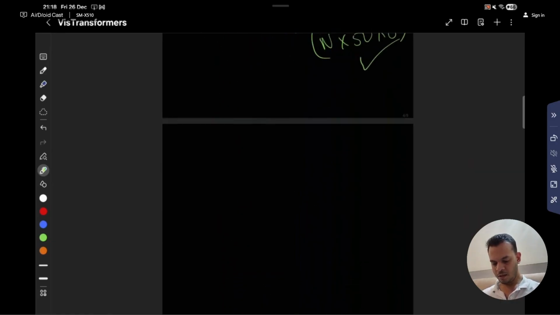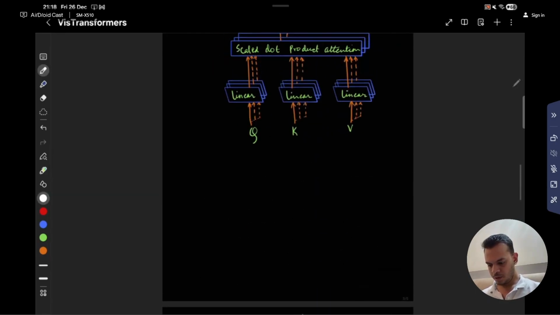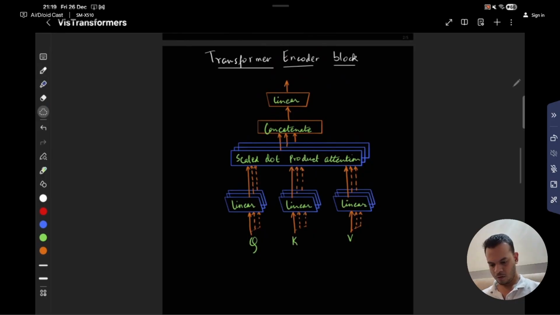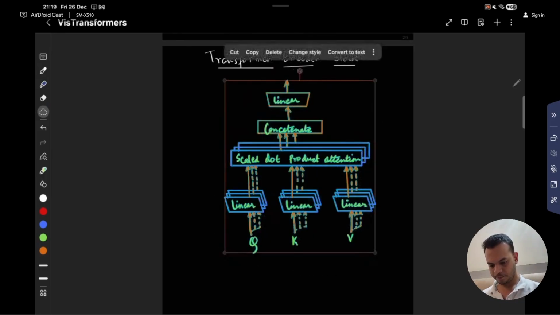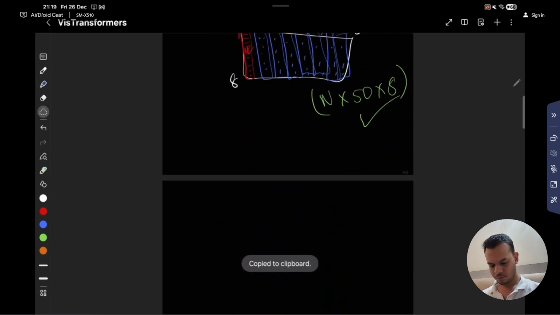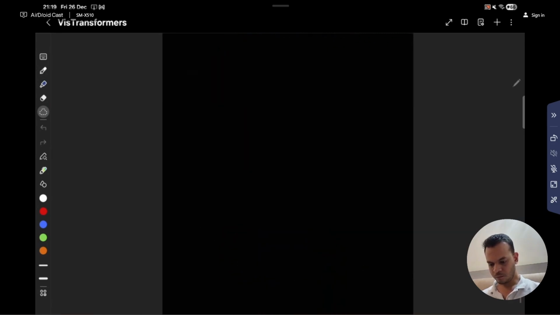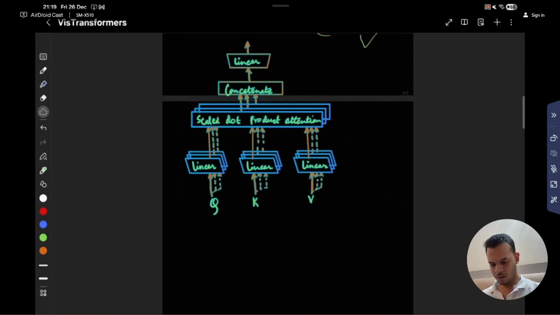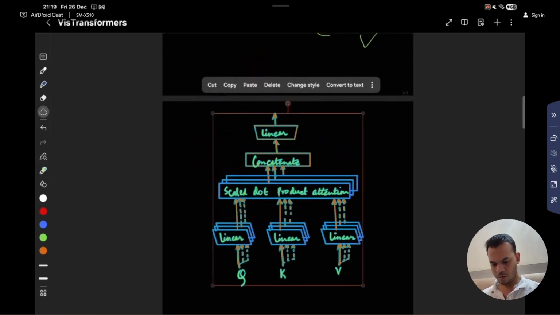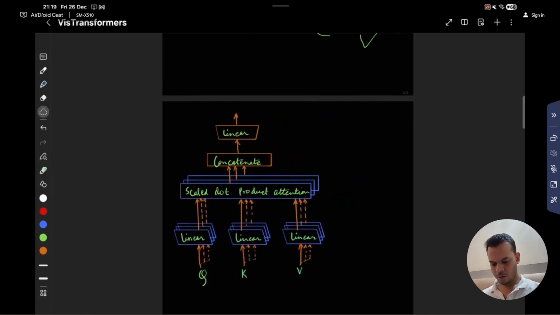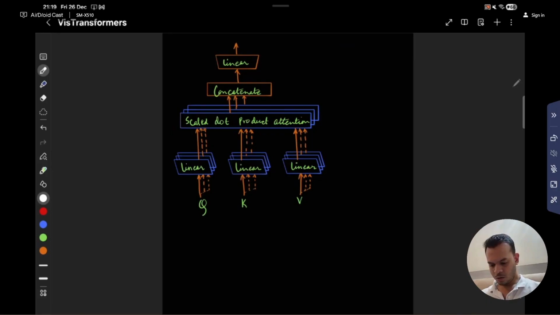So moving ahead, at this point here we can see something happening in parallel.